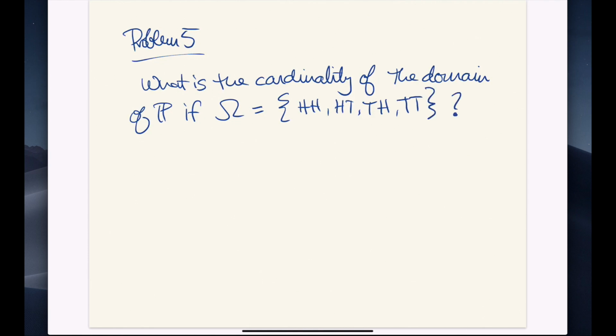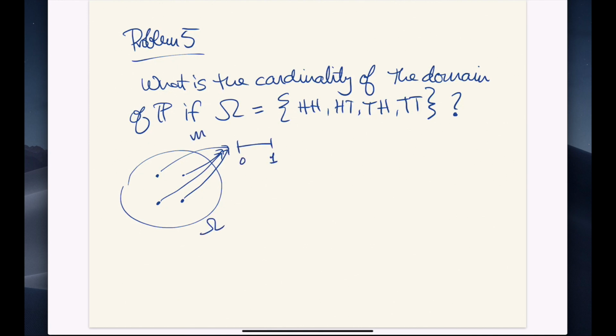So this problem asks us to think a little bit more about the distinction between the probability measure P and the probability mass function m. So if omega has 4 elements in it, then the probability mass function has a domain which has 4 elements in it, since its domain is omega.